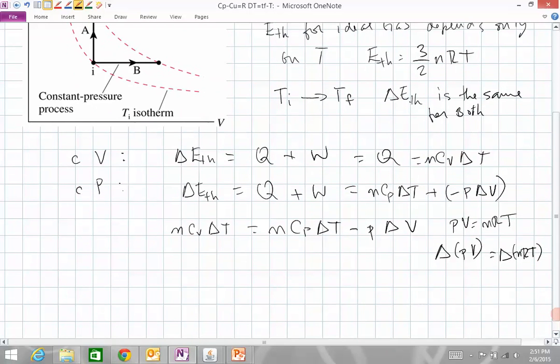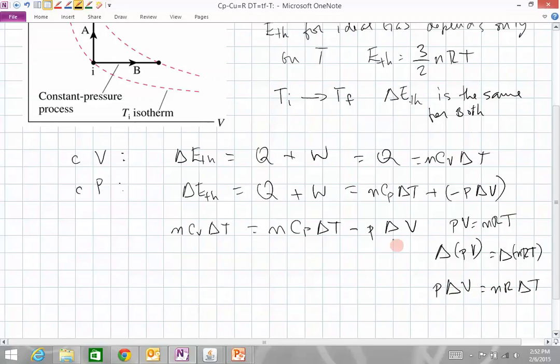With that, since P is constant here, this is a constant pressure process, P delta V is equal to nR delta T. This is true for a constant pressure process.